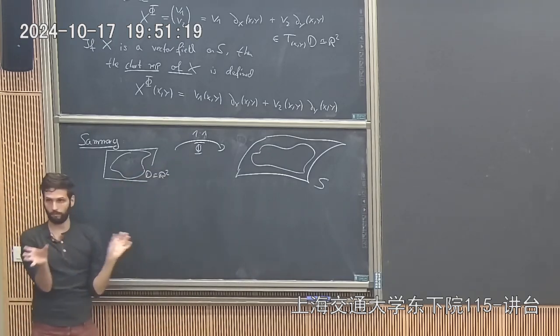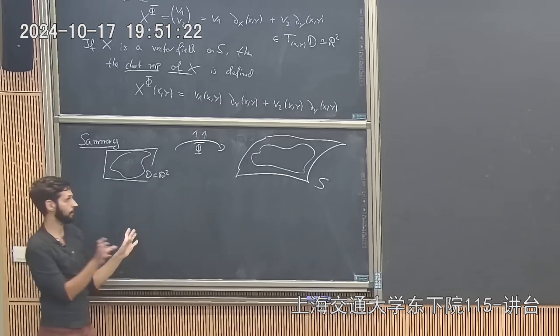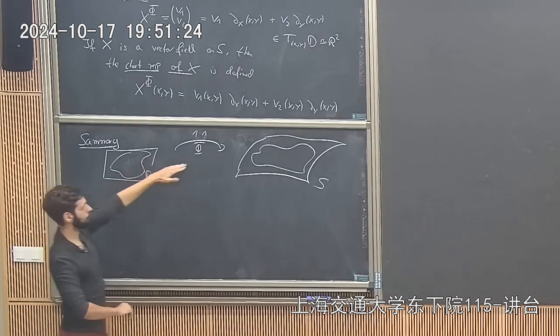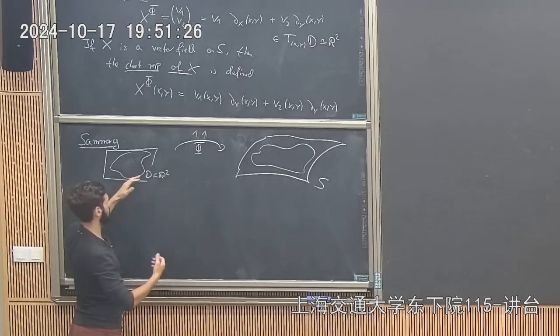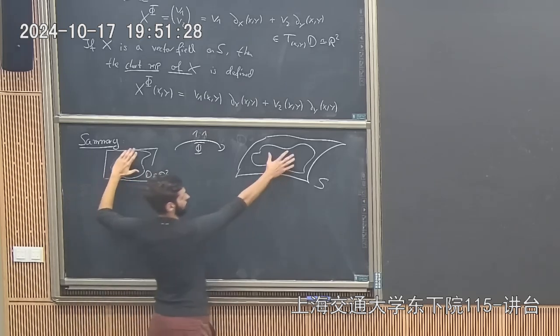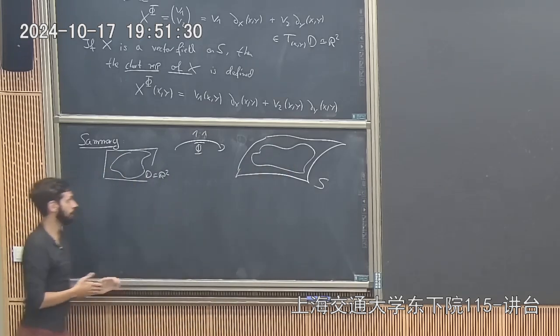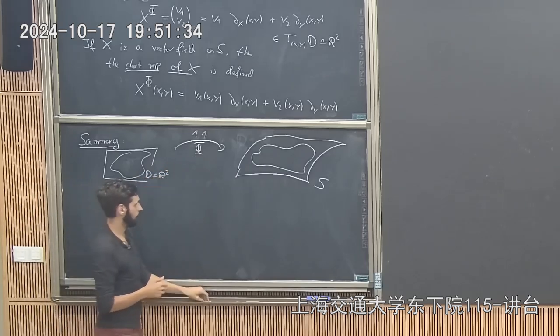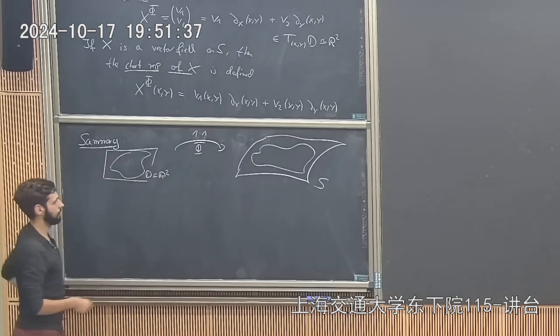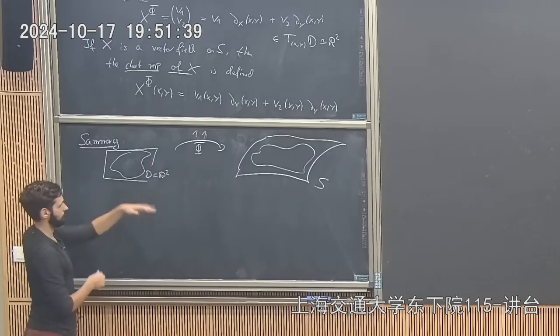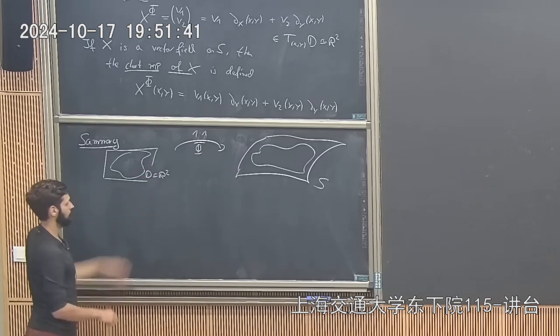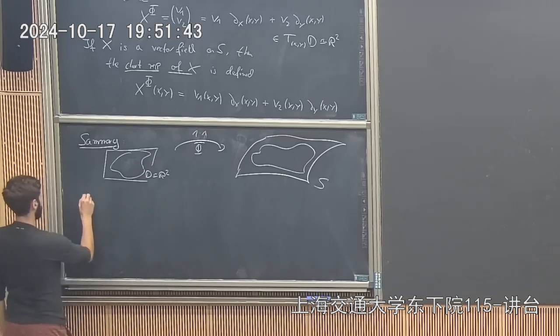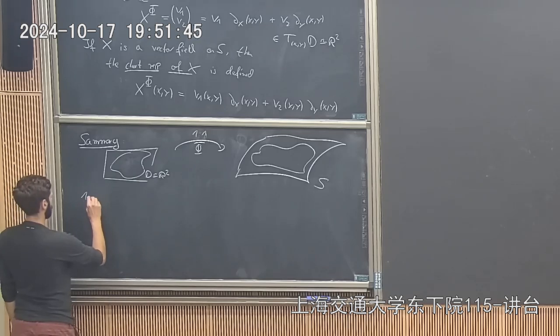You can think of that as saying these two sets are identified, or they are the same, and the sameness is expressed by this chart. So that's on the level of the surface, and then you have the first order approximation.